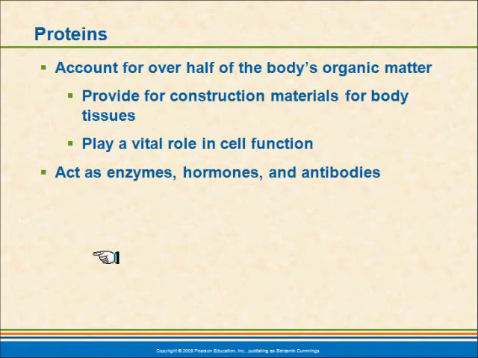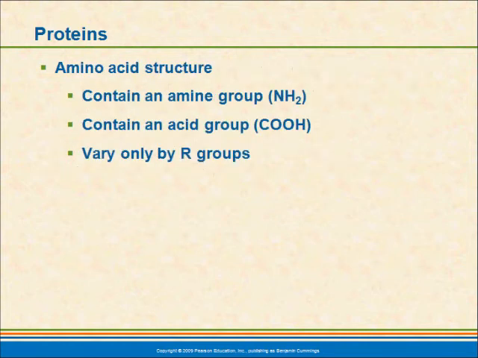In individual cells, they act as enzymes. In larger organisms, they can act as hormones and antibodies. They also have structural and functional value within individual cells as gateways and for materials to move in and out of the cell, for instance.